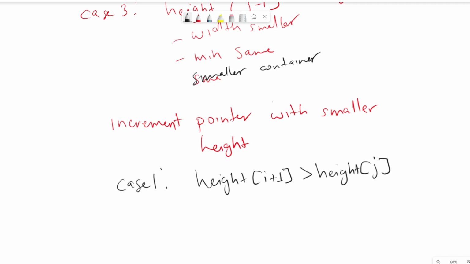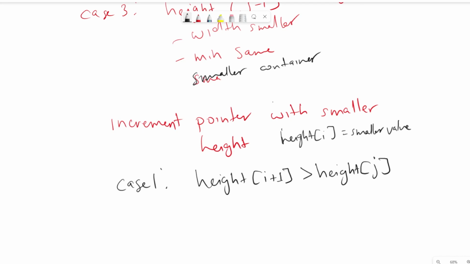So if this is the case, and let's say again, for example, height I is equal to 1, or height I is the smaller value. In both situations we're talking about height I being the smaller value and height j being the bigger value. But let's just say in this case we increment the pointer with the smaller height, and we increment I.